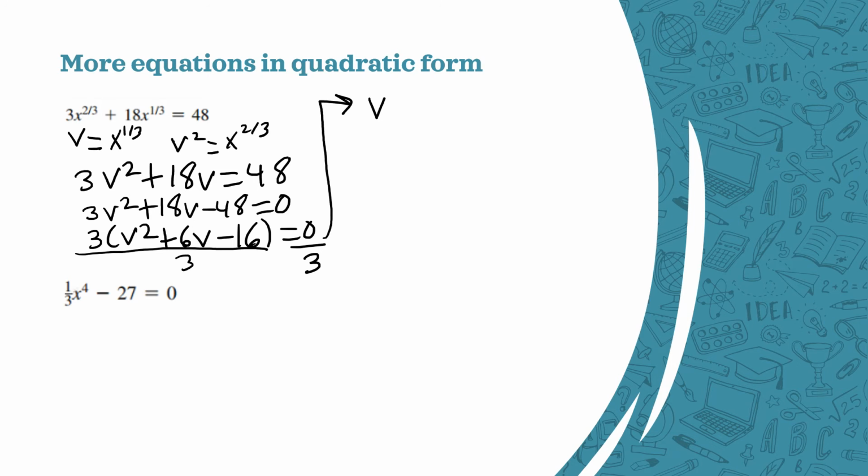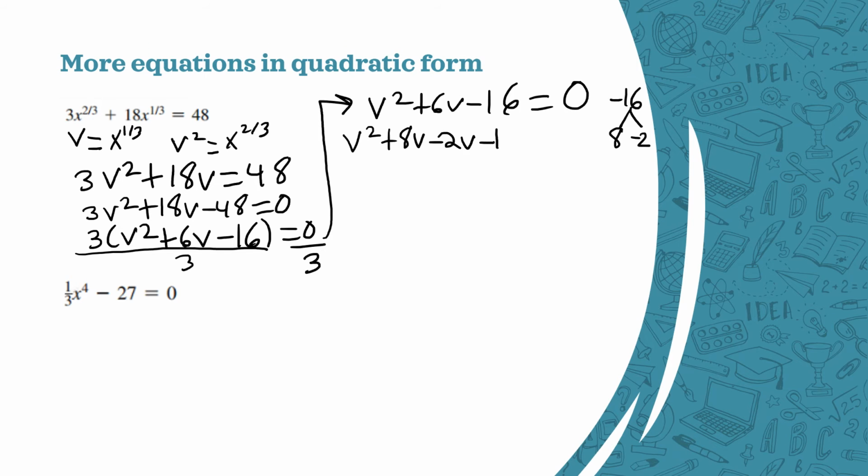So that leaves me with v squared plus 6v minus 16 equals 0. And then now, the AC method: two numbers that multiply to negative 16 and add up to 6. Well, 8 and negative 2, because 8 times negative 2 is negative 16, and 8 minus 2 is 6. So that would be v squared plus 8v minus 2v minus 16 equals 0.